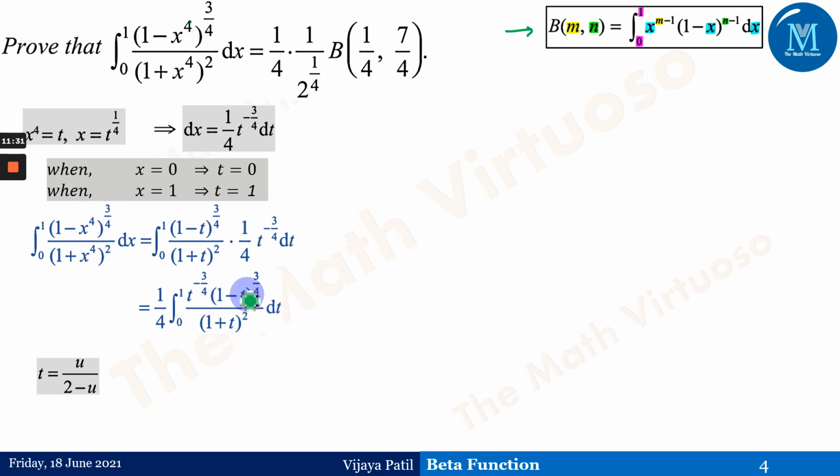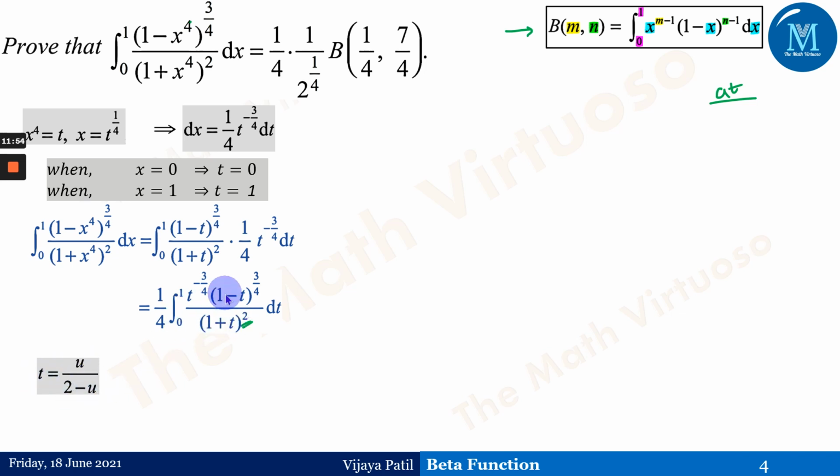Now again we need one more substitution, like we did last time, that of a, bt and so on, a plus b and at upon that type of substitution, because if you observe, we have a similar kind of term here. So the substitution is t equals u upon 2 minus u.